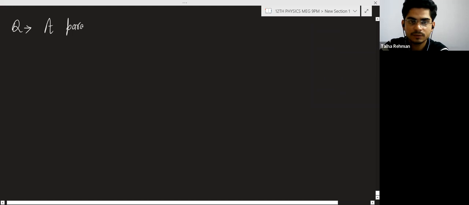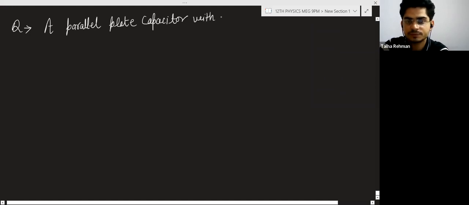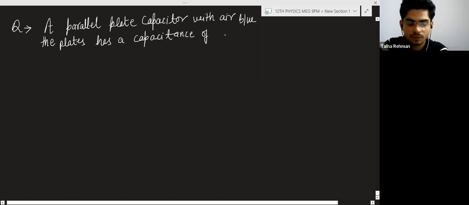A parallel plate capacitor with air between the plates has a capacitance of 8 picofarad, and 1 picofarad is equal to 10 to the power minus 12 farad.